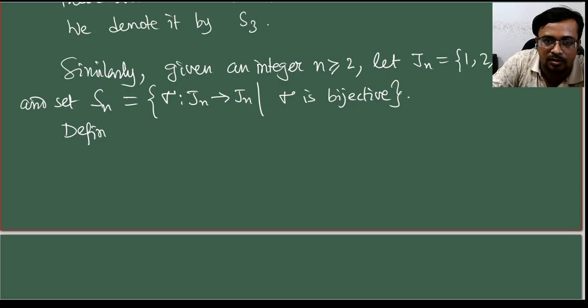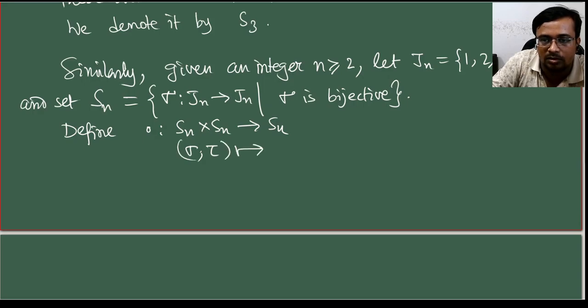Define the composition map from Sn cross Sn to Sn by taking sigma and tau and sending it to tau composed with sigma. Okay. So this again gives a bijective map: given two bijective maps sigma and tau, you get a bijective map as their composition.